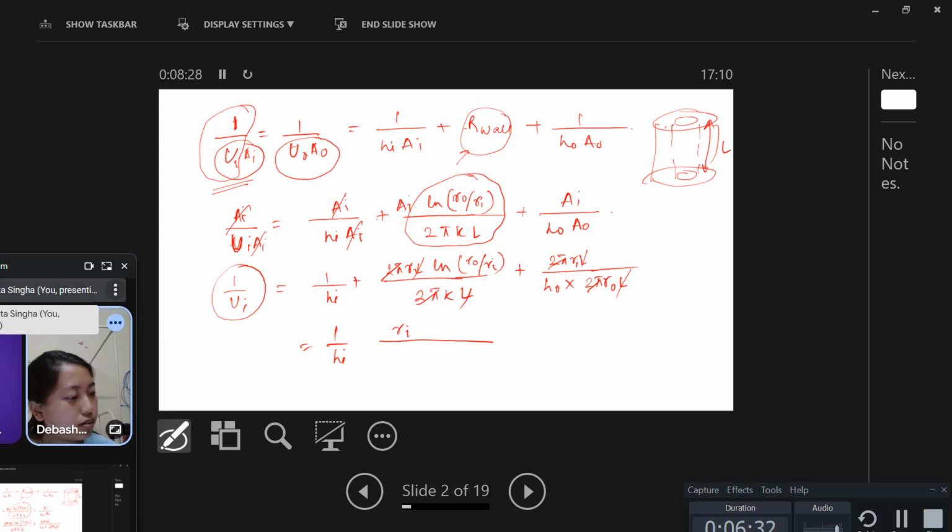This is ri ln r naught by ri divided by k plus ri by h naught into r naught. This ratio of r naught and ri you can convert in terms of D or diameter also. r naught by ri will be D naught by Di and ri by r naught will be Di by D naught. And in place of this r we can write Di by 2. So whatever is given in terms of r or D, you can write this equation.